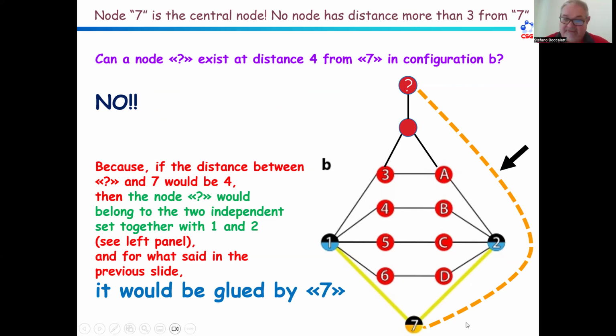So it means that I have 7 with 2, 2 with A, A with something else, and this with question mark. But then if this is the case, question mark would be in the 2-independent set with 1 and 2. And so 7 will bridge also this node, as I just demonstrated to you. So this means that the network tends to find this centralized hub. And since you have this property, this node 7 is at distance no more than 3 from any other node.